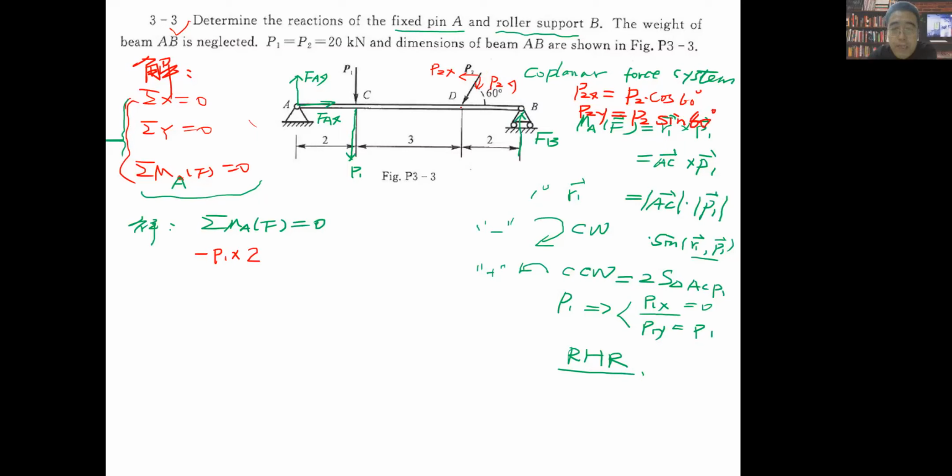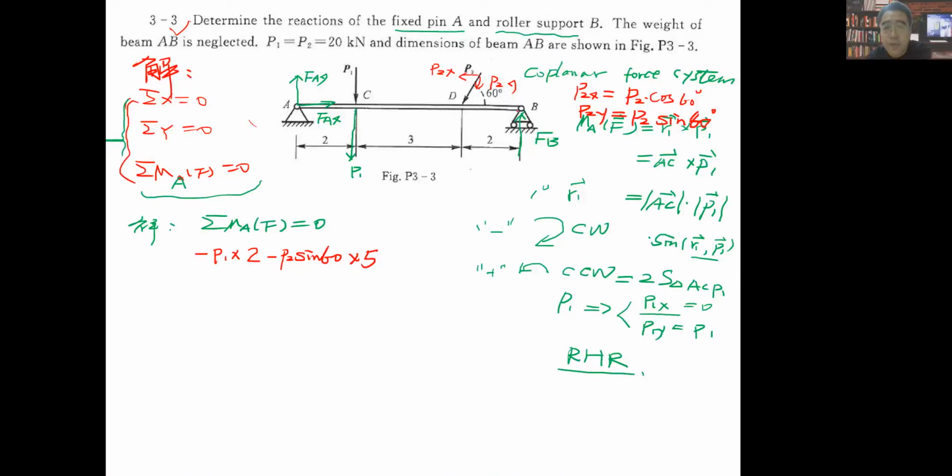This point is the action point, so we do not need to consider its x component. We can find that P2Y has the same direction as P1, so its moment to point A is also in the CW direction, also should be minus. So we have minus P2 sine 60, right? And times the whole length, so should times 5.